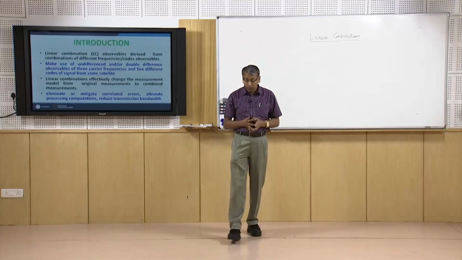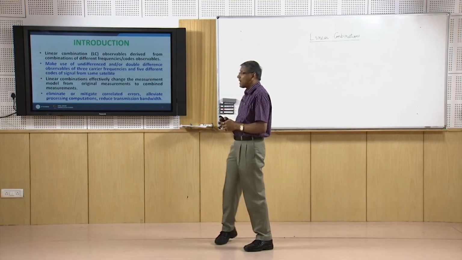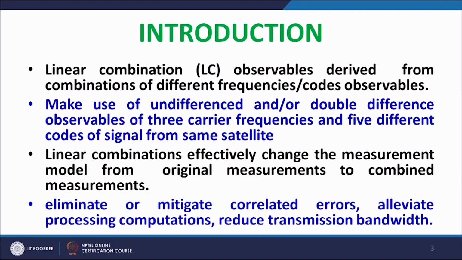As I told you, the linear combinations are observables derived from other observables of different types from the same satellites, and we make use of the undifferenced observables as well as double difference observables to find the linear combination observables.